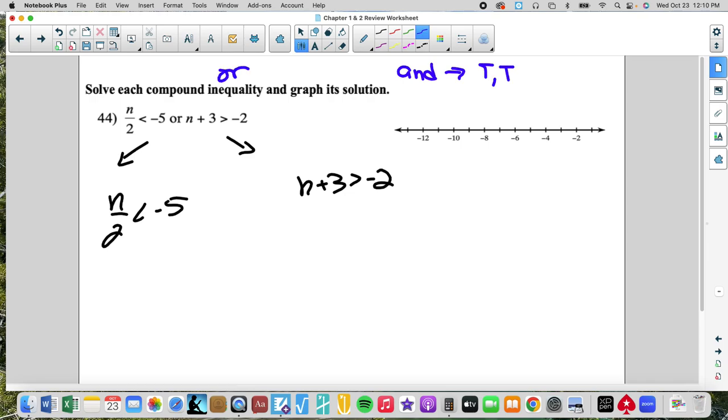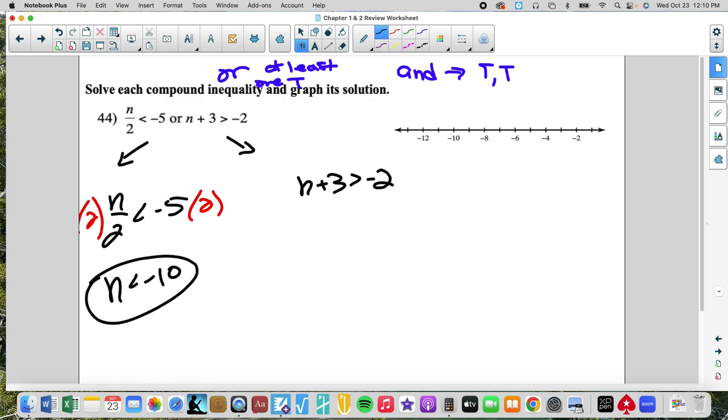Or is at least one true. So if we solve this, we're going to multiply by 2. That gives us n is less than -10. And then we're going to minus 3, and that gives us n is greater than -5.